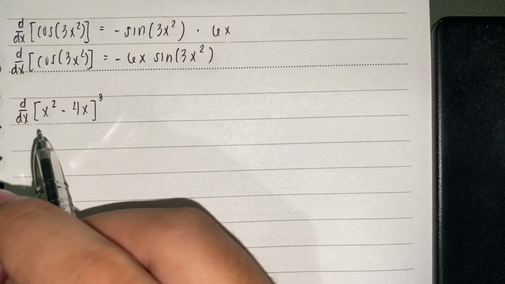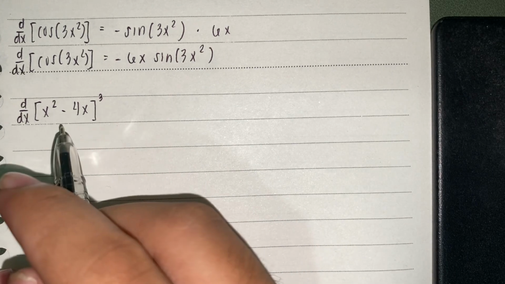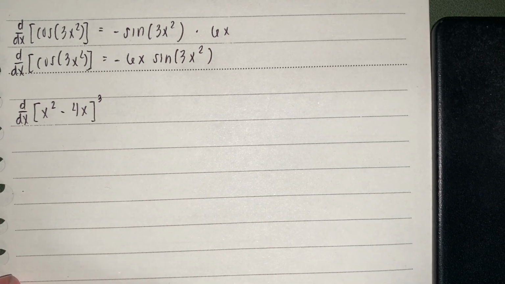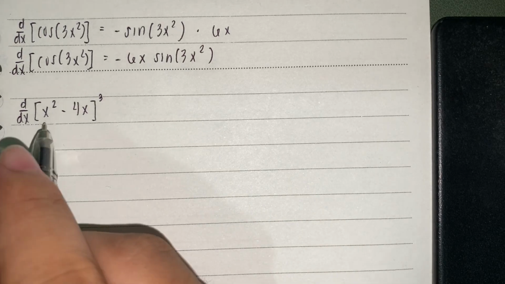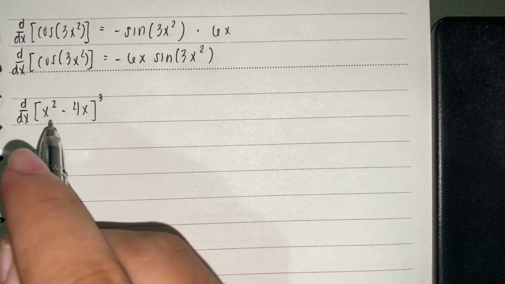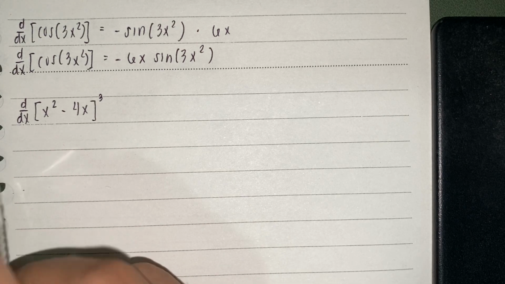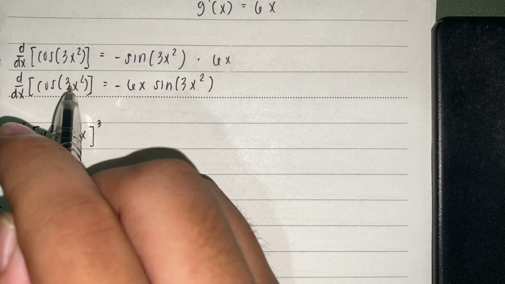We're first going to find the one that envelops the smaller function. Obviously our smaller function is going to be x squared minus 4x. So where's the bigger one? In the earlier example, we can see that there is a cosine beside the smaller one.